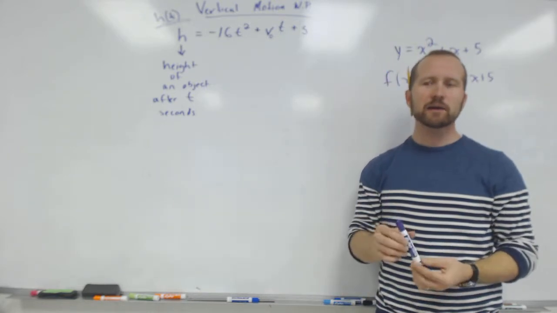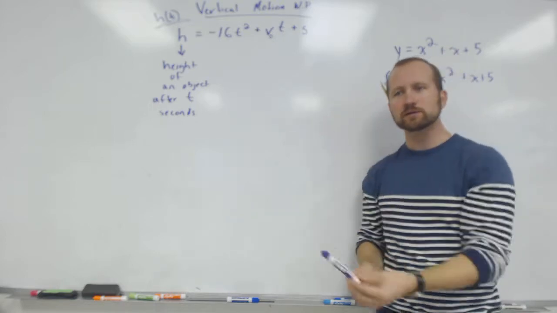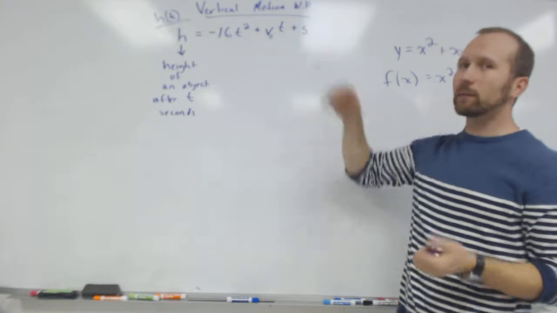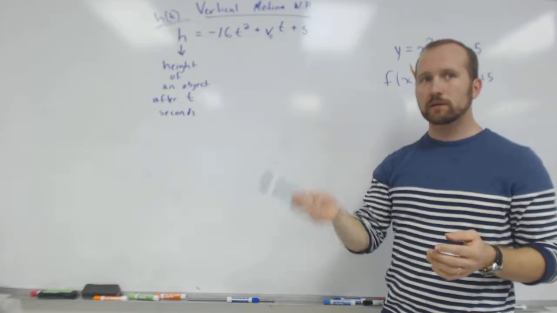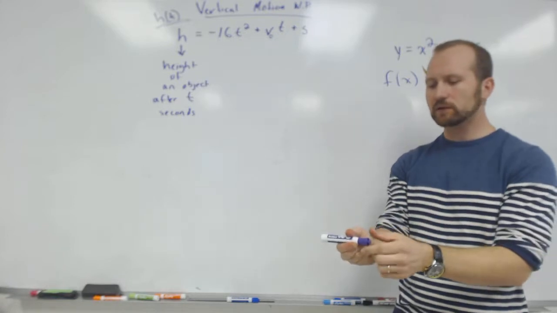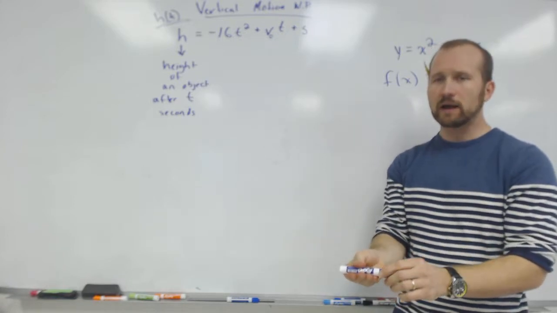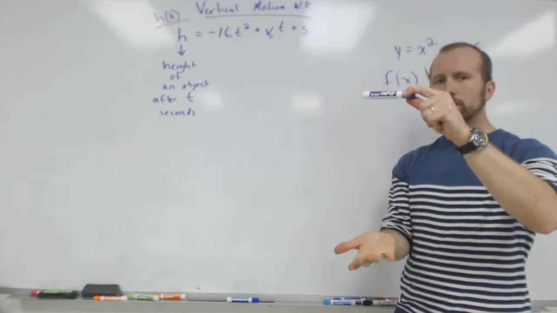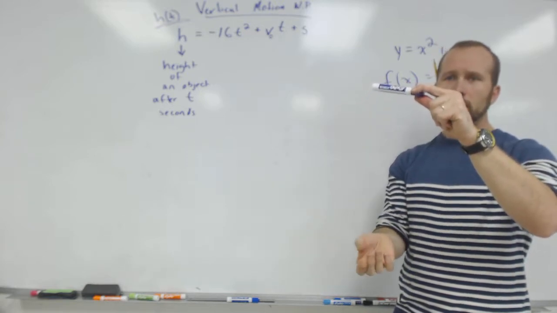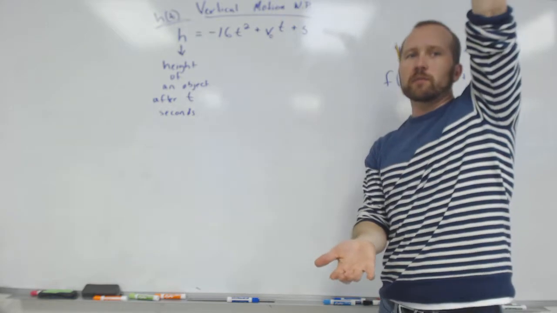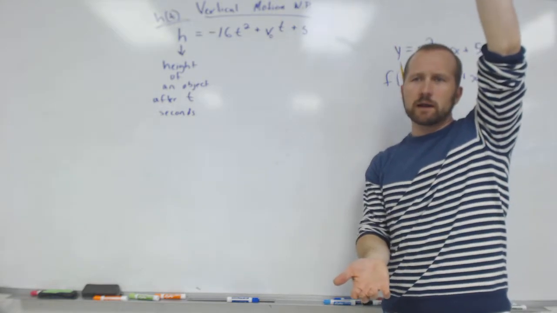And it doesn't matter if I throw it sideways or if I just throw it up. We're not talking about the path of the object here. We're talking about the vertical motion. So what I'm saying is if I throw this marker straight up, after 1 second, it might be 1 foot above my hand. After 2 seconds, it might be 4 feet above my hand.